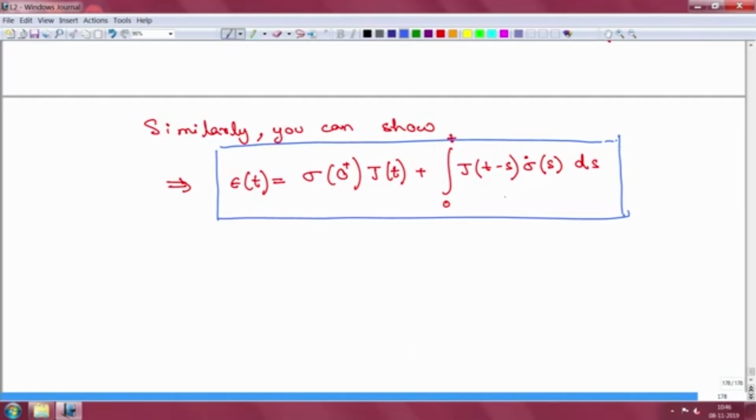Okay. So, often in some of the books you will find this expression in a slightly different format, and just because it exists in a different format does not mean that the two equations are any different. In this particular case, you just have to recall that we have always assumed that there is a jump at t equal to 0. So, this particular expression is valid for that kind of a case.